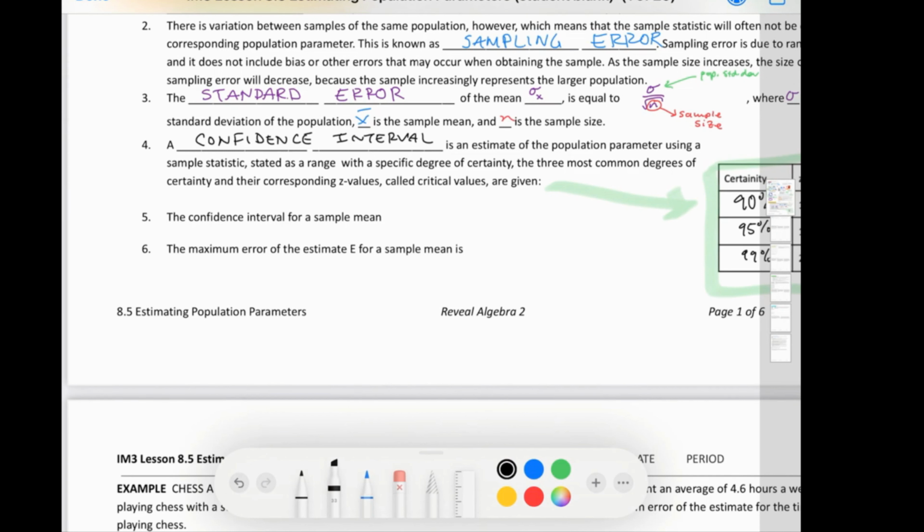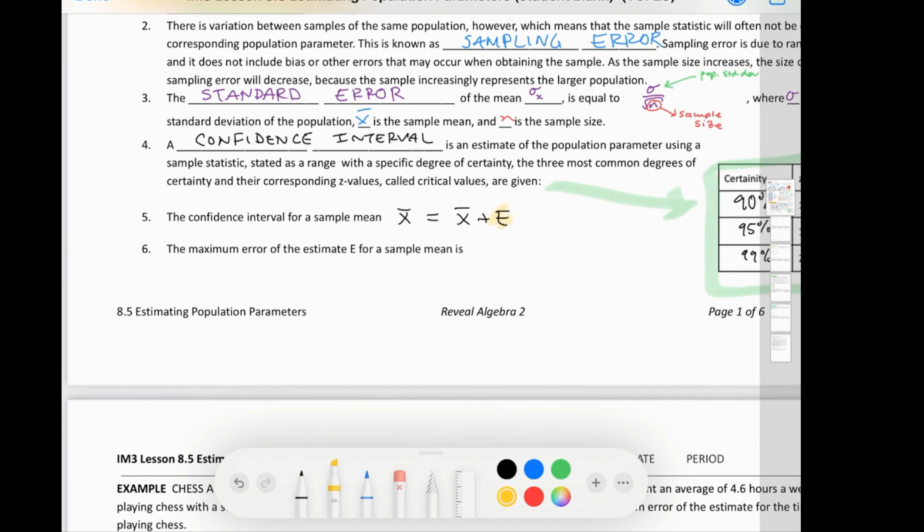The confidence interval for a sample mean is x bar plus or minus E. And you might be asking, what is E?